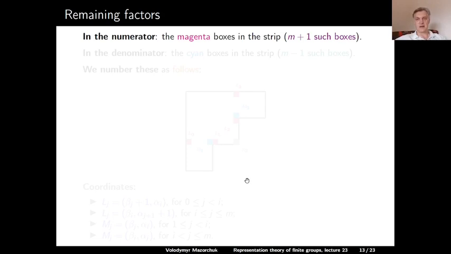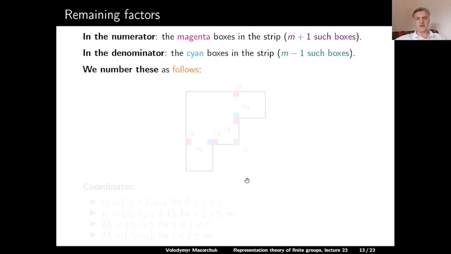There are m plus 1 such boxes. And in the denominator, we have the cyan boxes. There are m minus 1 such boxes. And we number these boxes in the following way. We start magenta numbering from the left. So this is L0, L1, and so on, up to Lm. And we similarly number the cyan boxes from the left. This is M1 and so on, M_{m-1}.